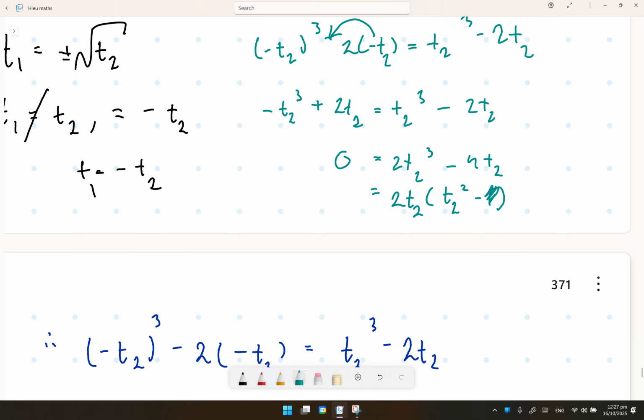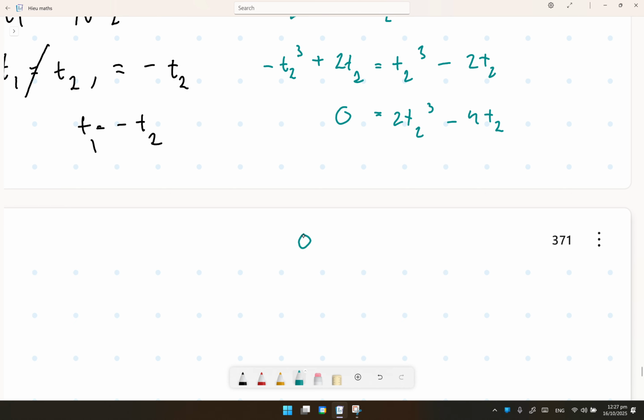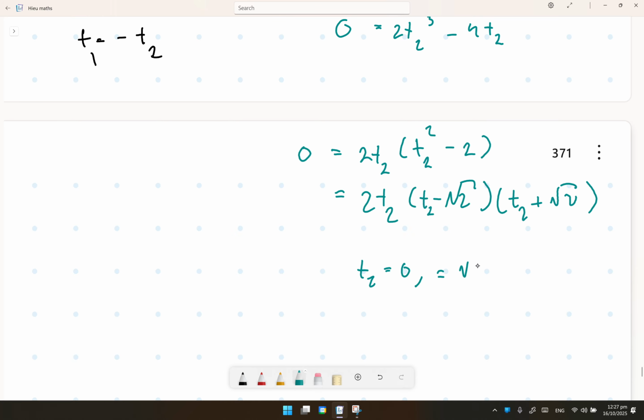Let's take 2t2 out. 2t2 out gets t2 squared minus 2. And then that's the difference of two squares, so it's t2 minus root 2 and t2 plus root 2. Then this gives us t2 is equal to 0, or root 2, or minus root 2.